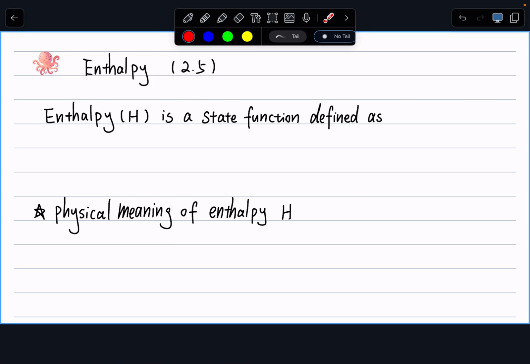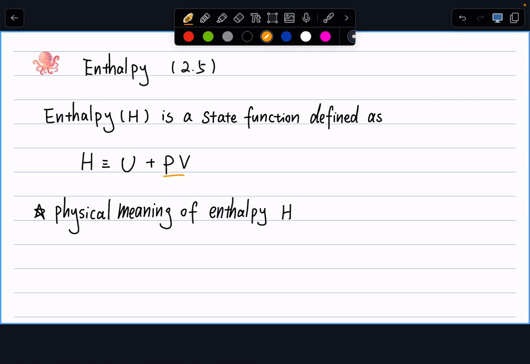They are all some form of energy exchange. So later on, scientists defined a new state function, which is enthalpy H. By definition it equals internal energy plus pressure times volume.